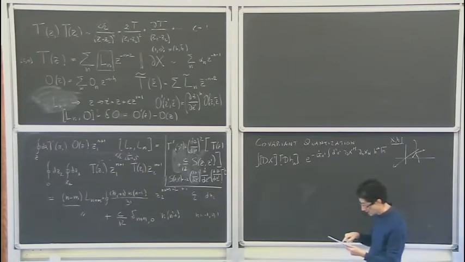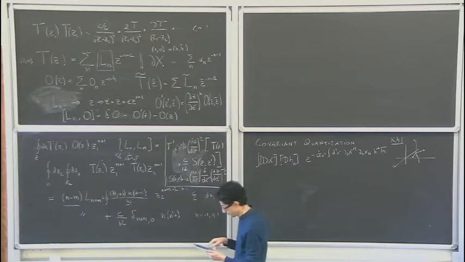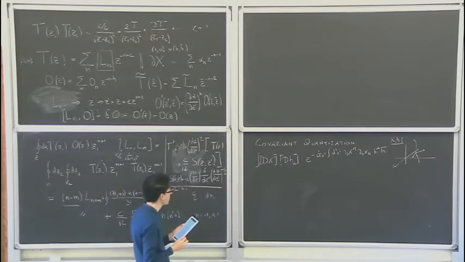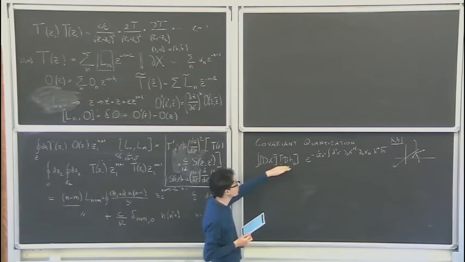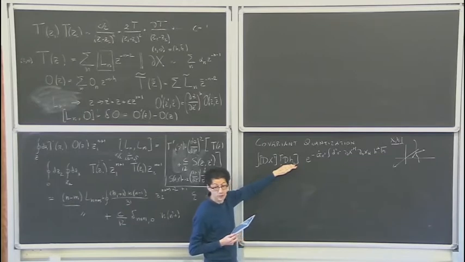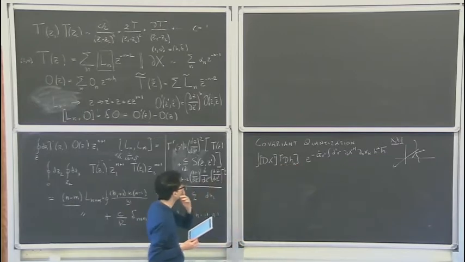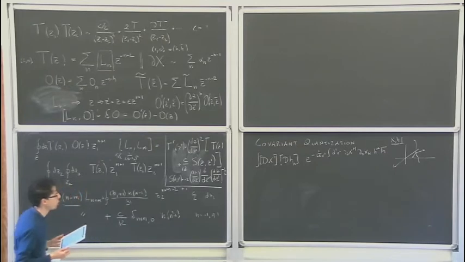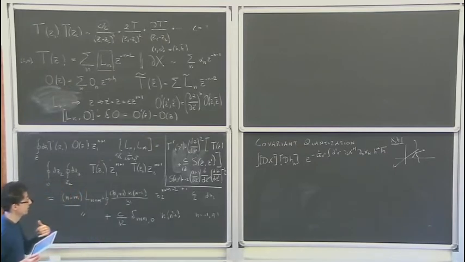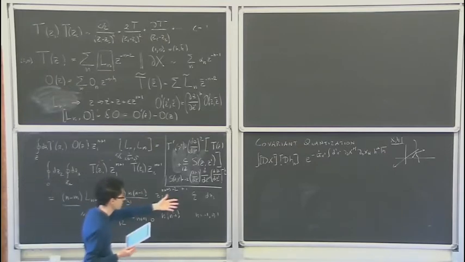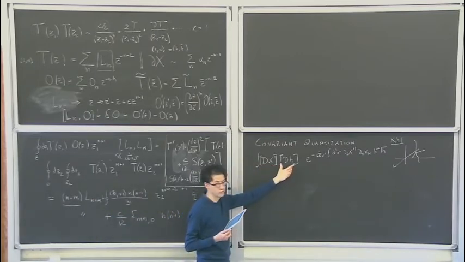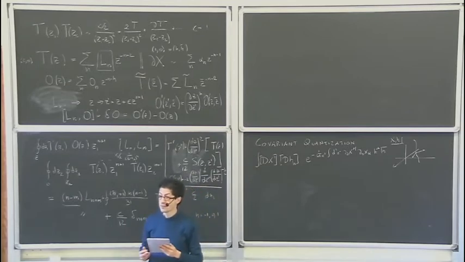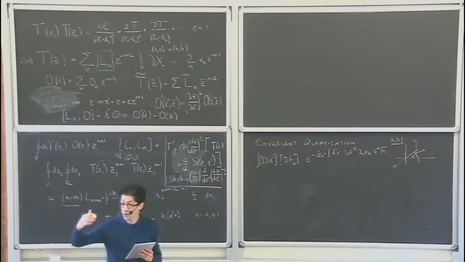Now, if you want to be precise, which I will not be, you may ask for a precise definition of this measure. And this is an important point, right? You can do something very similar to standard quantum field theory: take a solution of the classical equation as a reference solution.